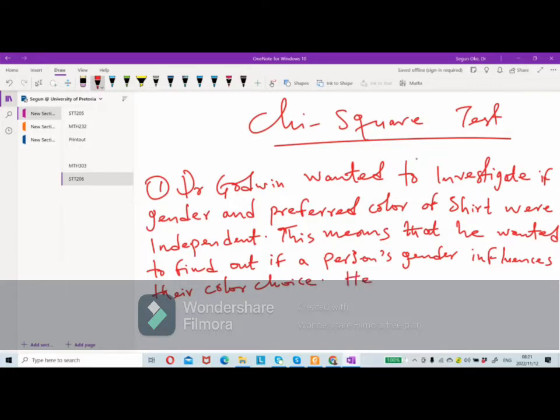So he conducted a survey and organized his data in the following table.